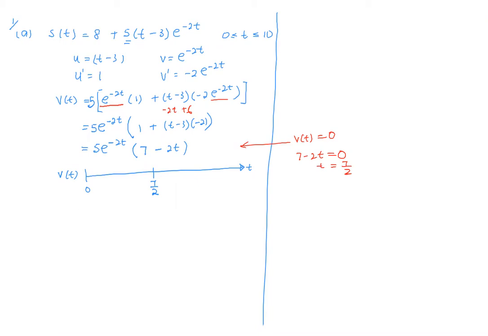Yep. So if you want to know the sign, what you can do is key into your calculator. Whenever you do these questions, please key into your calculator your y1 as 8 plus 5x minus 3 e to the power negative 2x. Okay? And your y2, so you don't have to spend so much time drawing the sign diagram. To determine the sign, y2 will be d over dx of y1 at x.